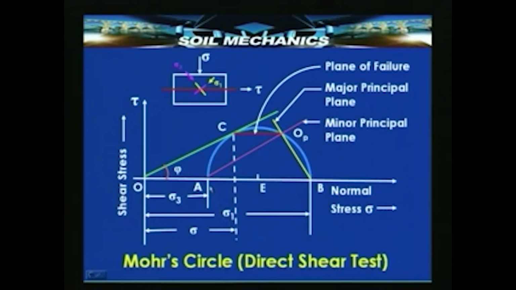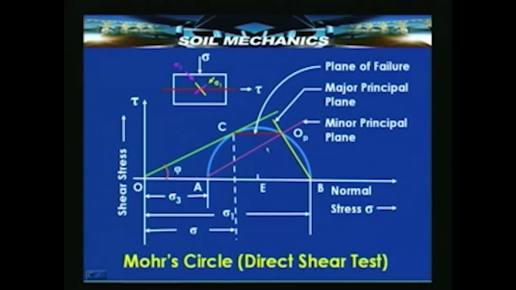You know that in a Mohr circle, the point A corresponds to the minor principal stress, point B corresponds to the major principal stress, and the pole OP is obtained by drawing a line parallel to the plane of sigma 1.